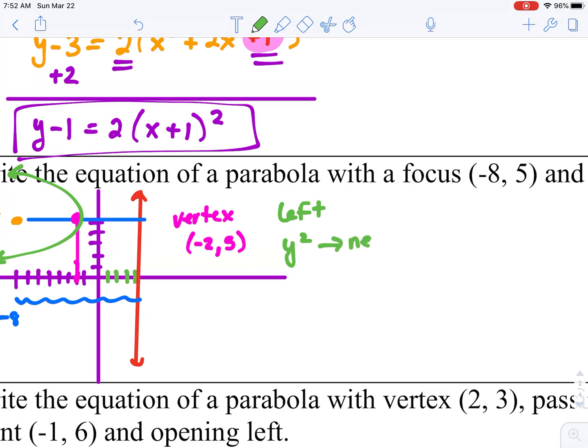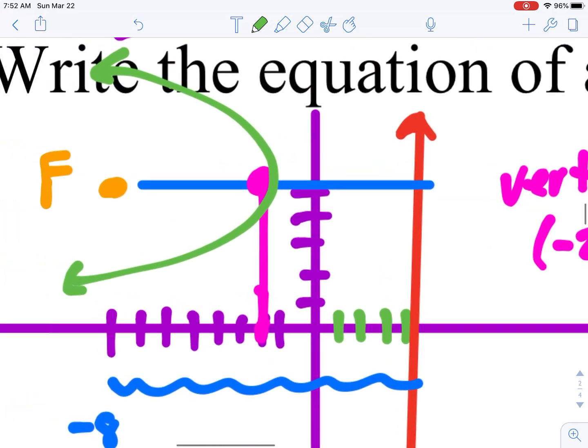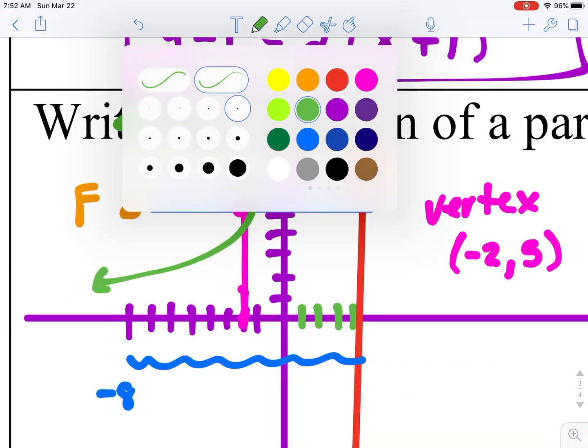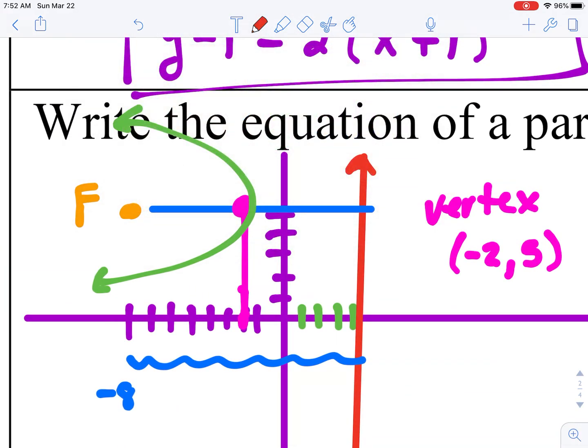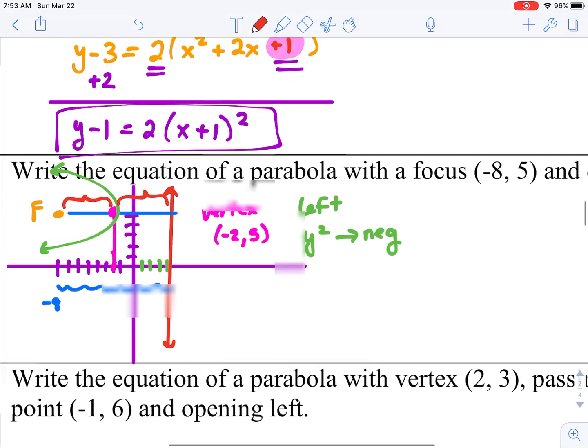We know that that p-value has to be negative, or our 4p value. So what is our p-value? P-value is the distance from our vertex to either the focus or the directrix. It doesn't matter which way, they're the same length. And then our p-value, if you count that, is 6.